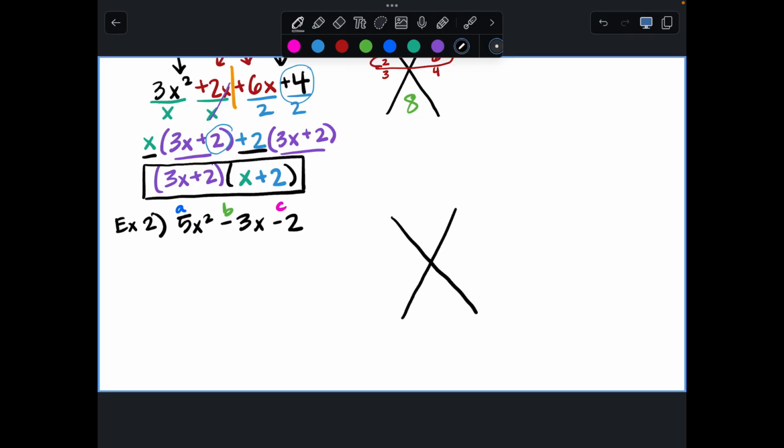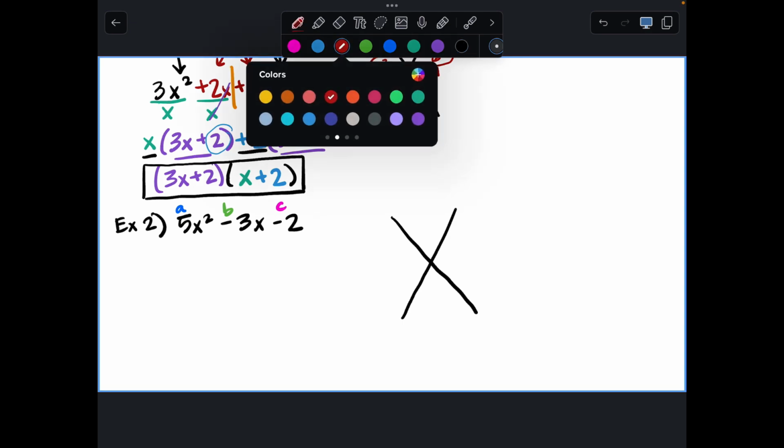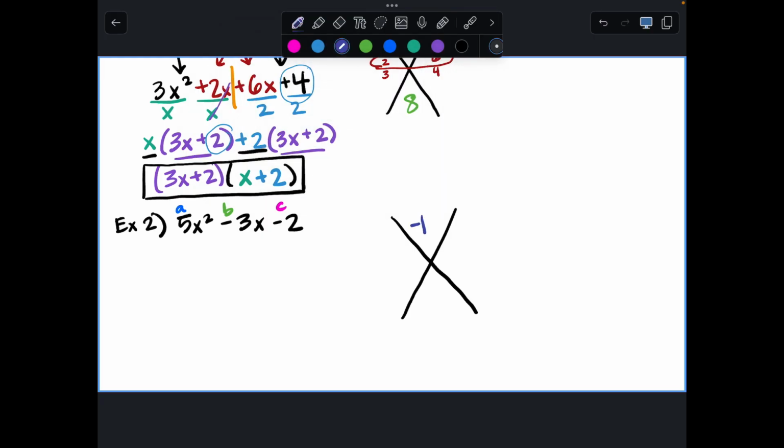A times C, that would be 5 times negative 2. So A times C is negative 10. And B is negative 3. Now what I'm going to do is list all of the factors that give me positive 10.